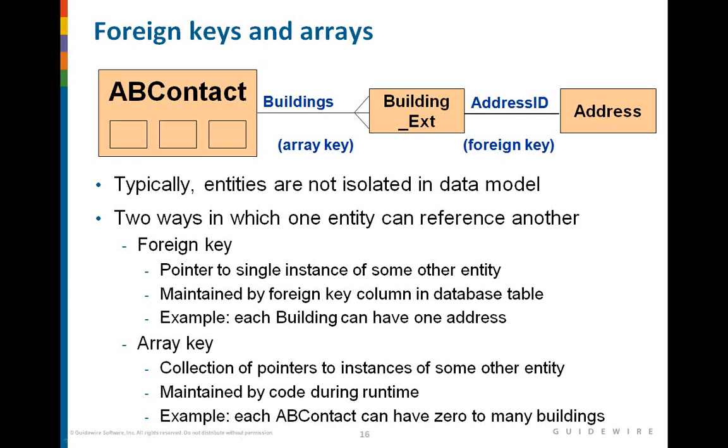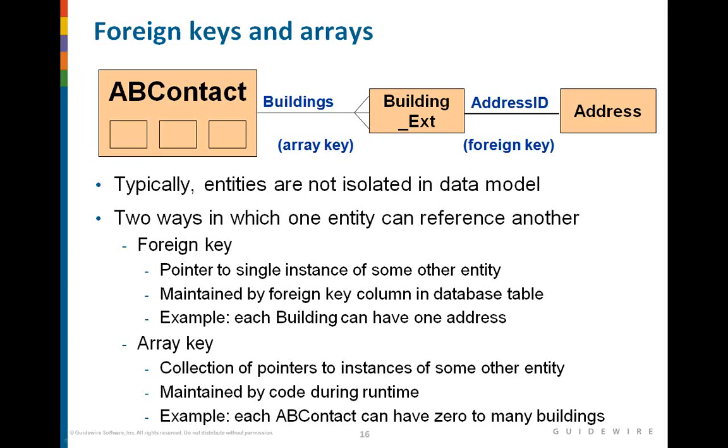It is maintained by a foreign key column in the database table; for example, each building can have one address. An array key is a collection of pointers to instances of some other entity, maintained by code during runtime. For example, each contact can have 0 to many buildings.